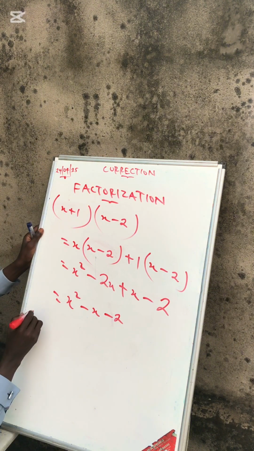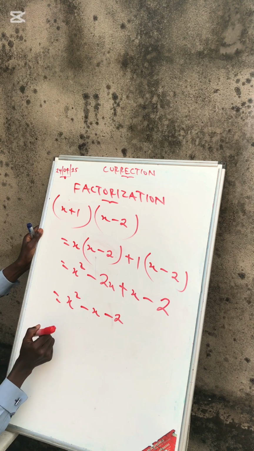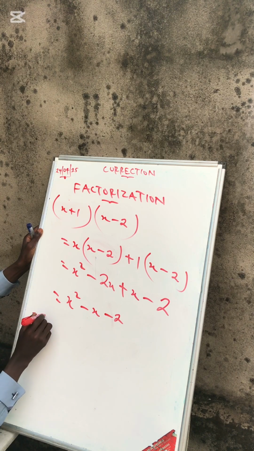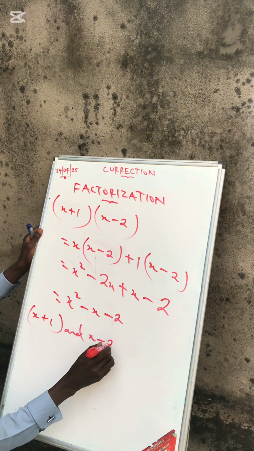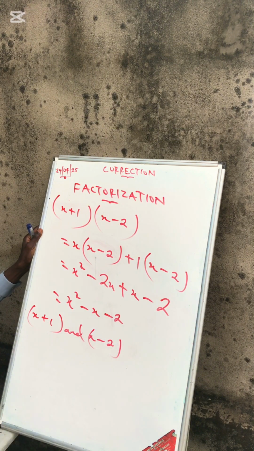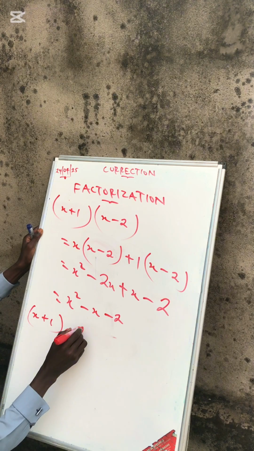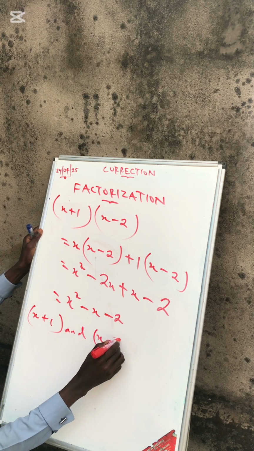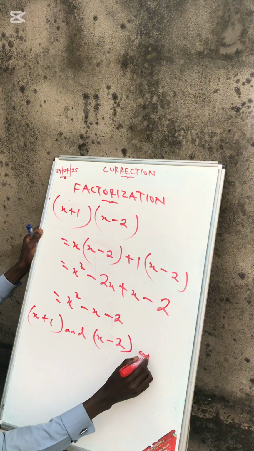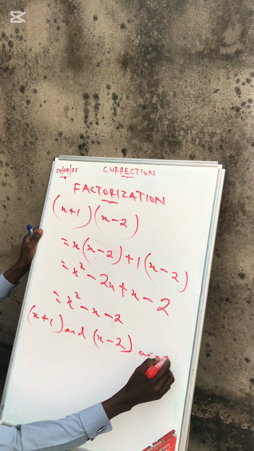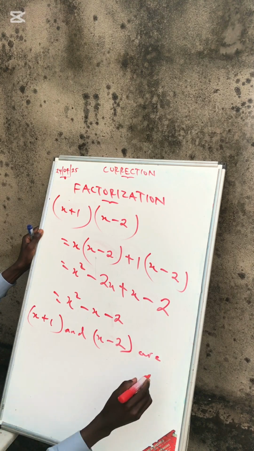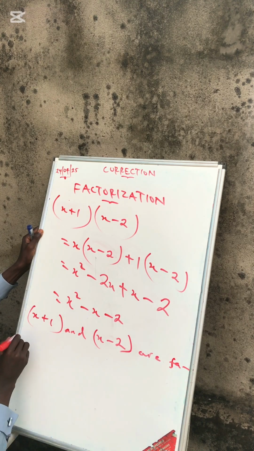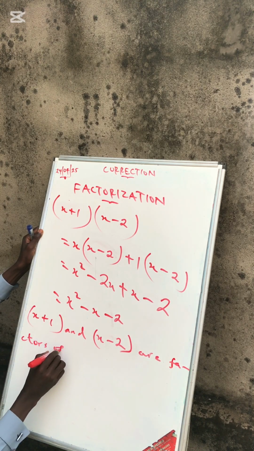X plus 1 and x minus 2 are factors of what?